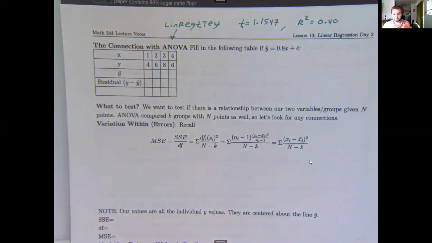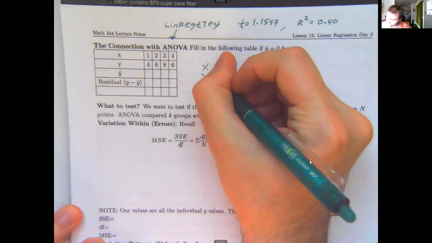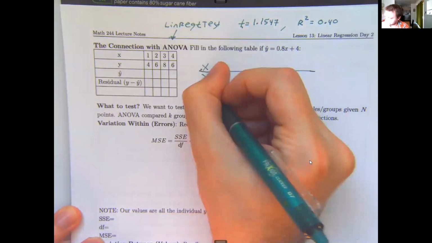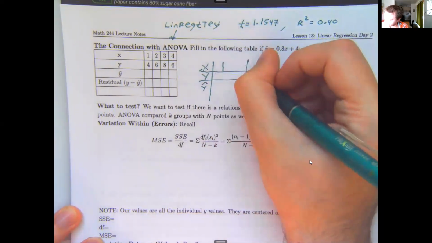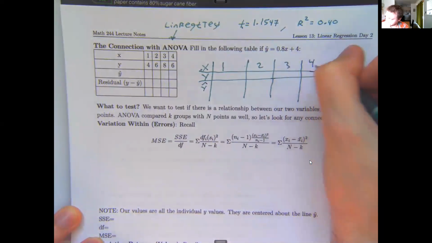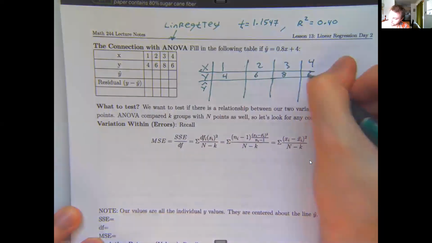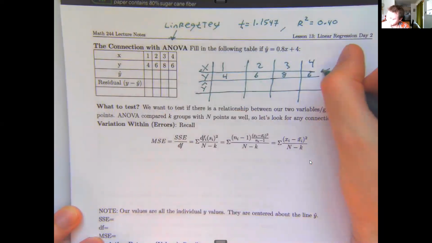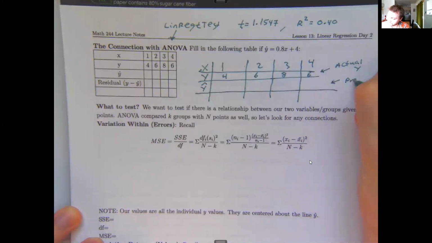So I'm just going to fill in some things into this table, and I'm actually going to make my table a little bit bigger. My x values 1, 2, 3, and 4. My y values were 4, 6, 8, and 6. So this is my actual y value. And let's look at my predicted y value.